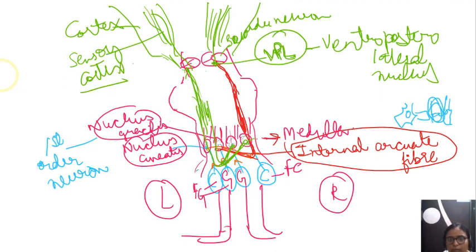Fine. Is it difficult to remember? This is called your dorsal column medial lemniscal system.